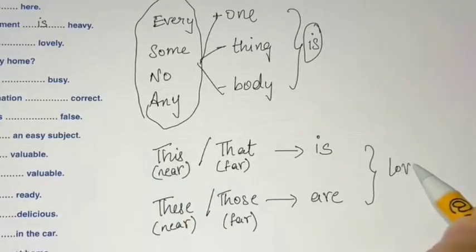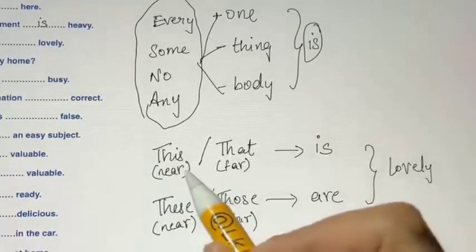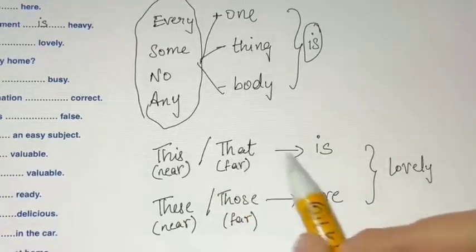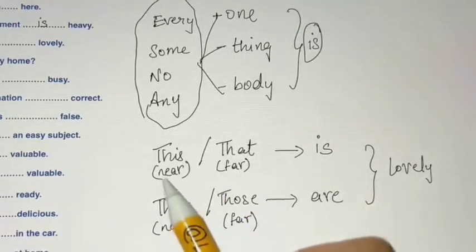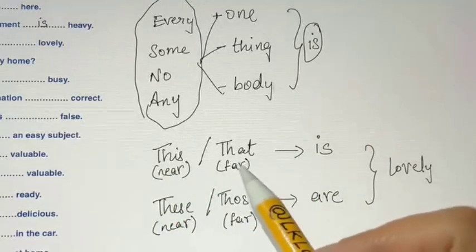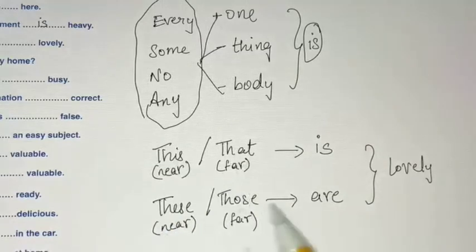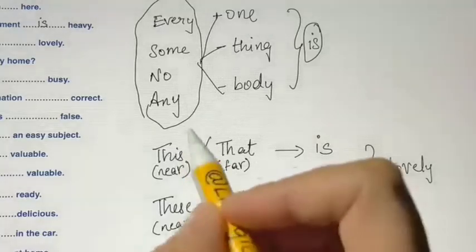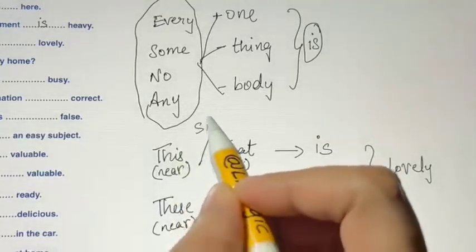Now we can say this is lovely. That is lovely. This means something that is near to you, and that means something far from you. Same as a plural subject, we can say these are lovely, those are lovely.